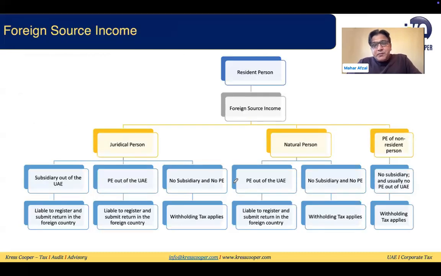Now, these are the various possibilities where the foreign source income can arise. Taxable persons are generating foreign source income.